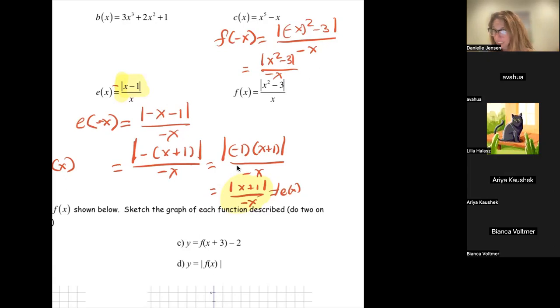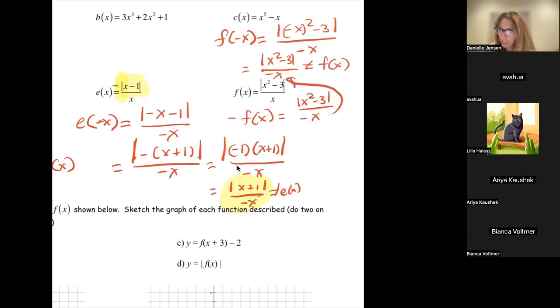Yes. It totally changed, right? So it's definitely not the original. So it's not even. But is it negative the function? Remember, negative a fraction means either you put a negative with the numerator or the denominator. Since my denominator changed from my original, I think of putting a negative on the denominator.